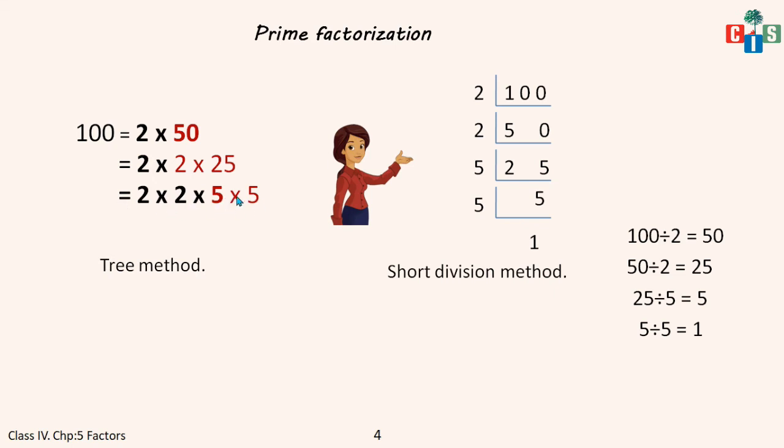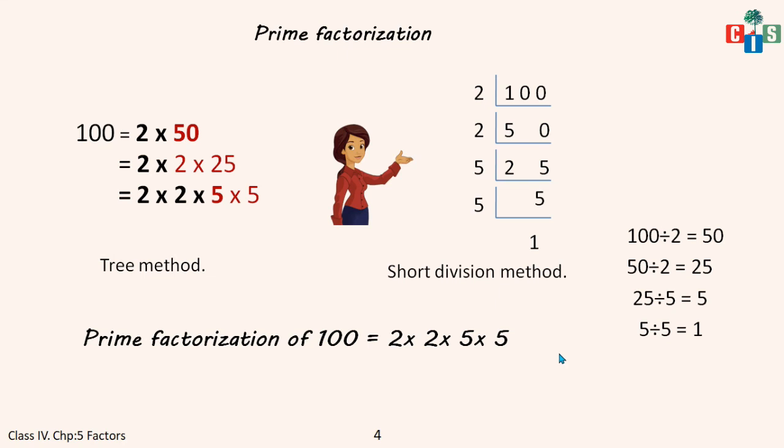Now can you divide any number further? 2, 2, 5, 5? No. So my sum is complete here. And I can say that the prime factorization of 100 will be 2 multiplied by 2 multiplied by 5 multiplied by 5.